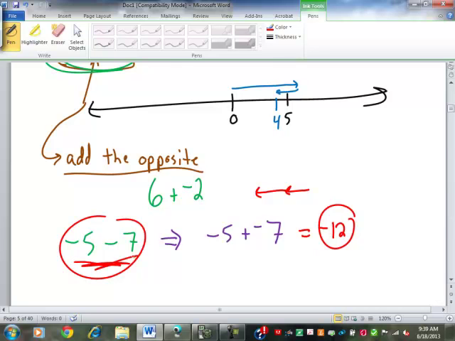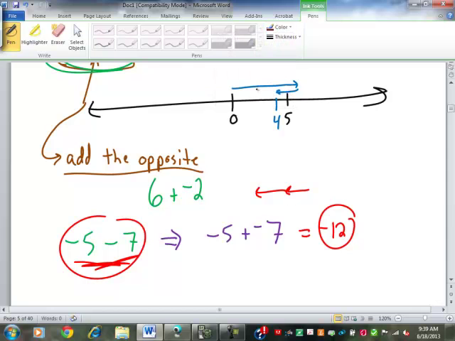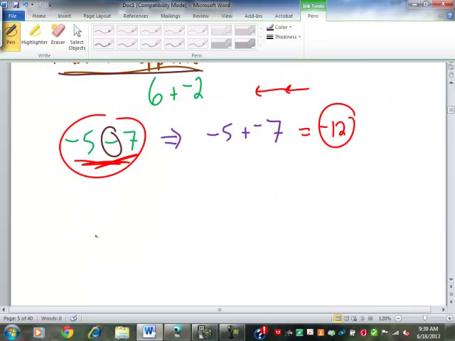This is a little bit cloudy to me. It's not as obvious. So when we have negative numbers, if we have integers involved, it's almost always beneficial to change subtraction into adding the opposite. Okay.